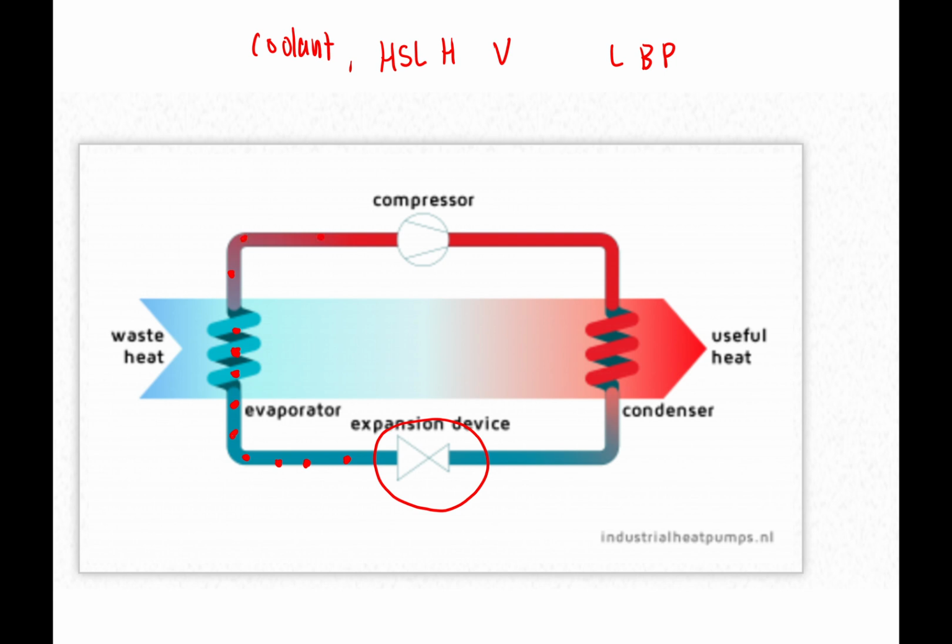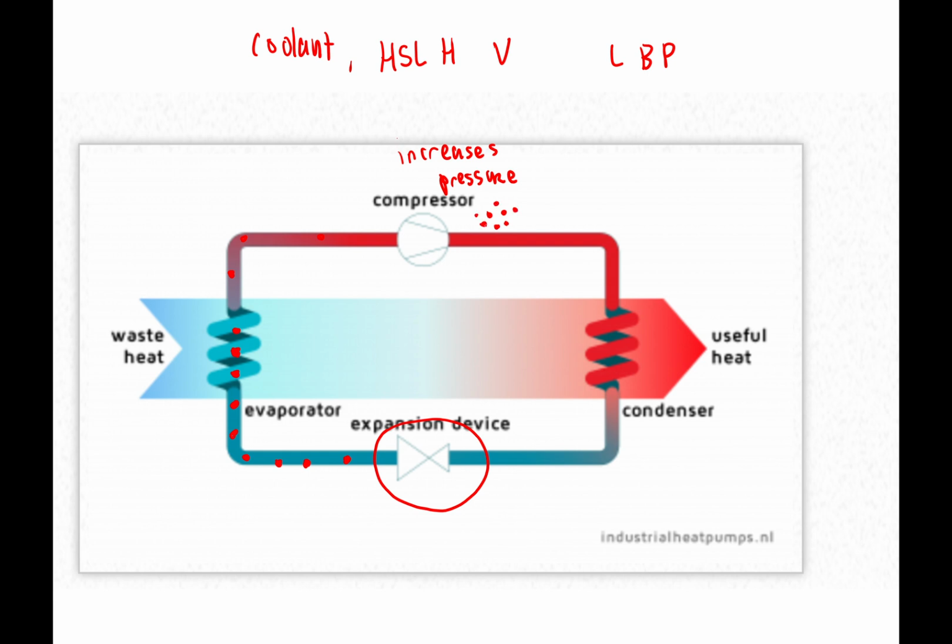The vapor then continues to the back of the fridge, so outside the fridge, and it goes through a compressor. The compressor increases the pressure and forces this gas to change back into a liquid, i.e. the molecules are forced closer together again.